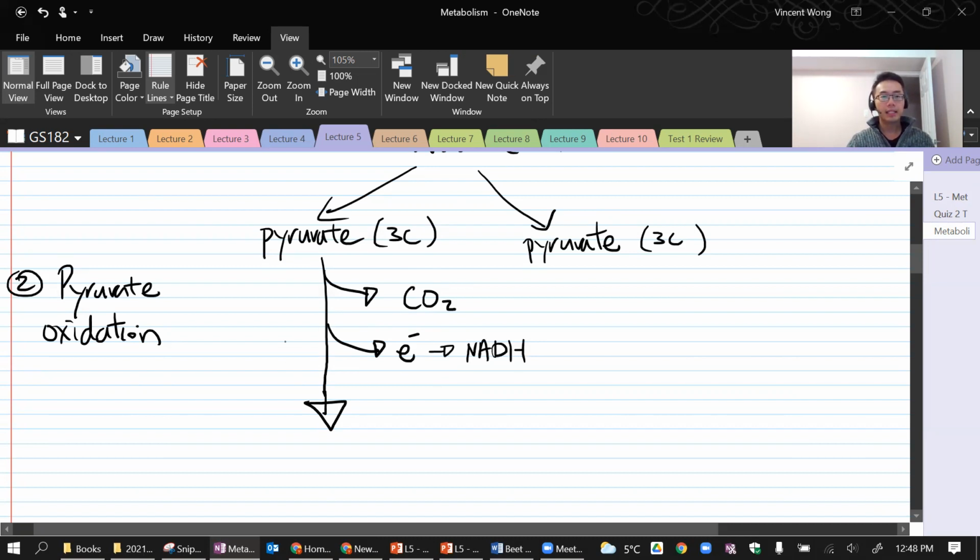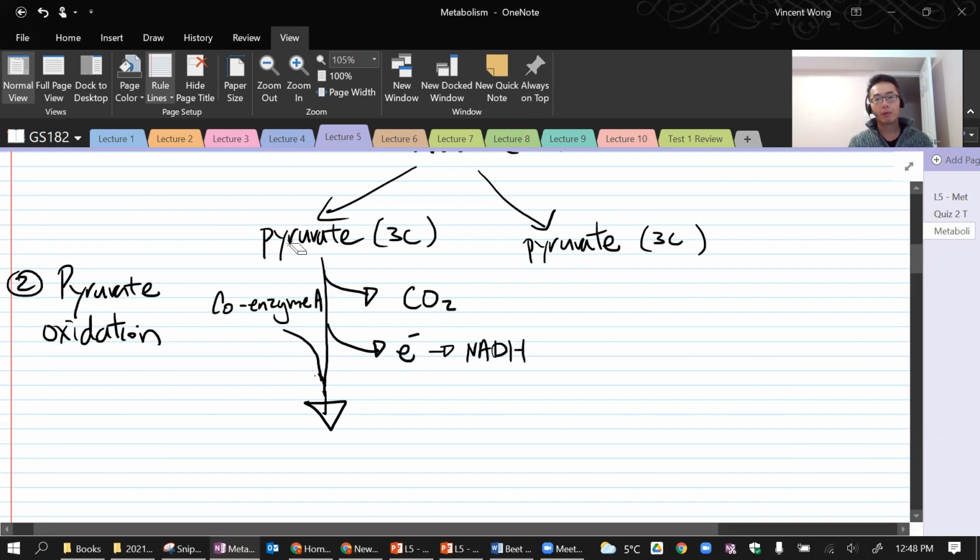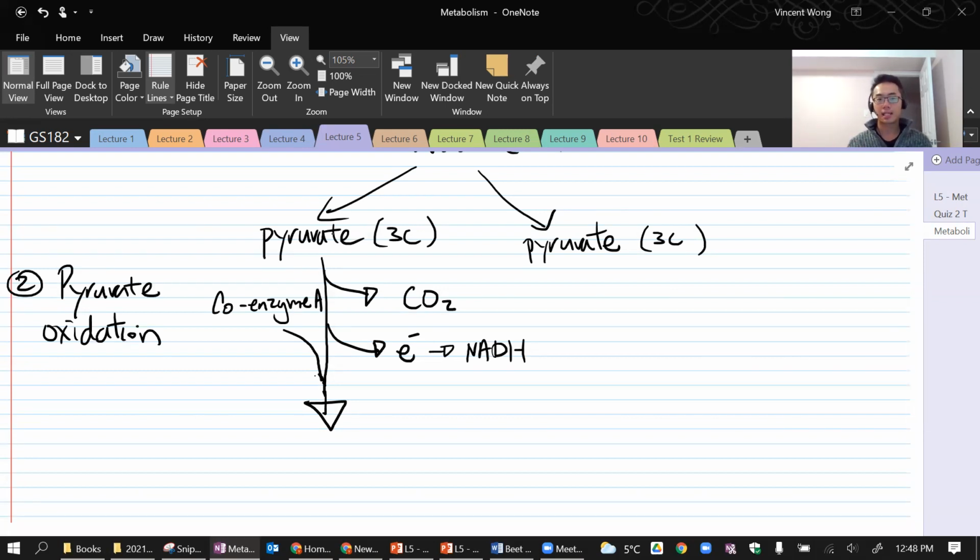And then you're gonna add something to it. You're gonna add what's called a coenzyme, coenzyme A. It's like a little booster molecule, right? It's gonna bind to our pyruvate and it's gonna charge it up so that it will be ready to react in the next step.